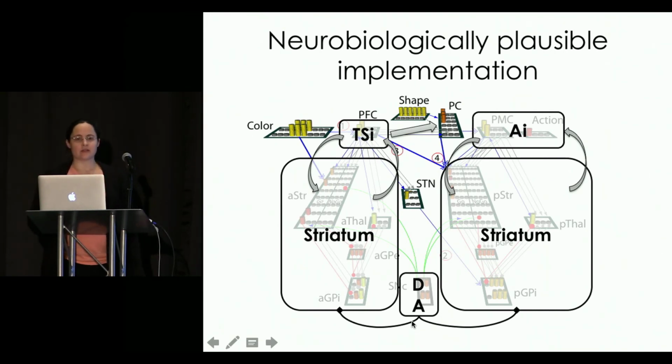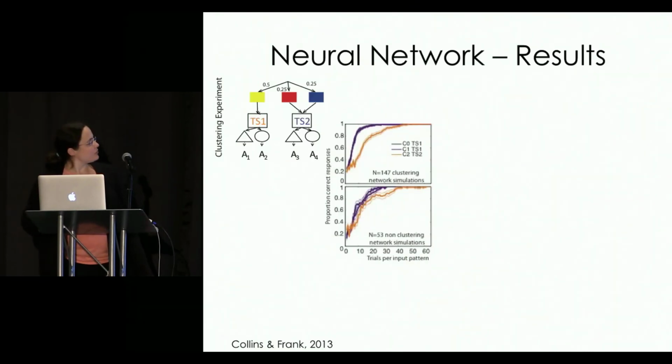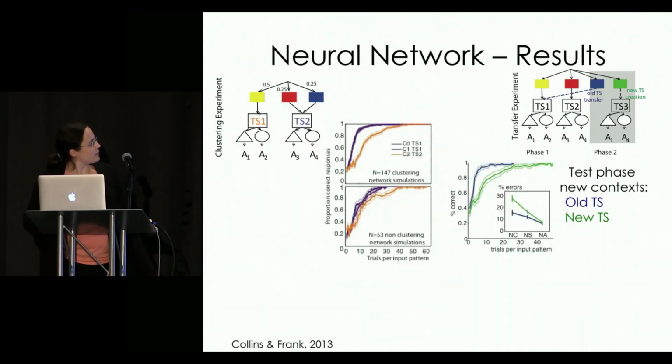So what's really interesting here is that it's a purely reinforcement learning model: no inference, no model prediction, no nothing. Just model-free reinforcement learning with biologically realistic architecture that is able to reproduce many of the behavioral results, some of which I showed you and some of which I did not, this one being the generalization of a task set to a new context before.